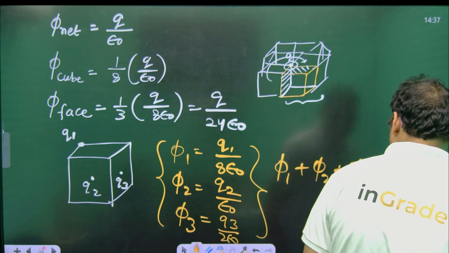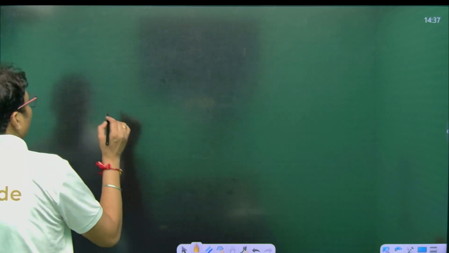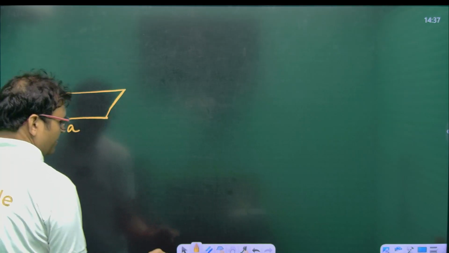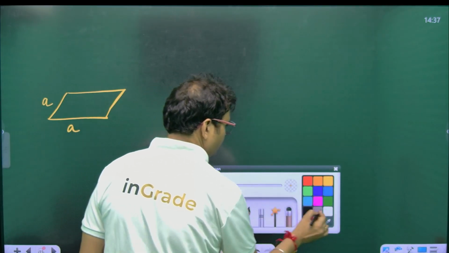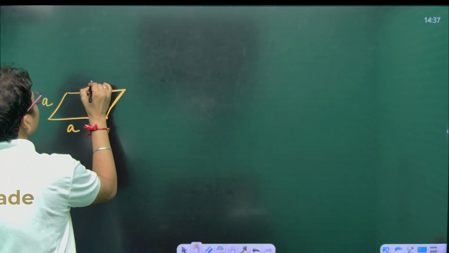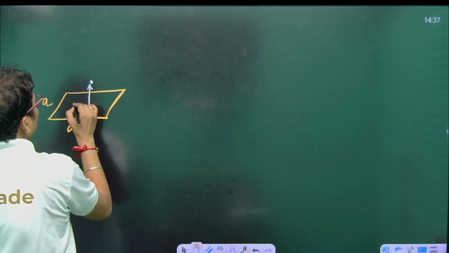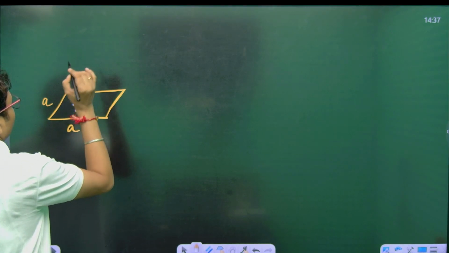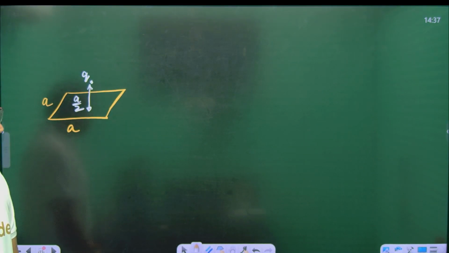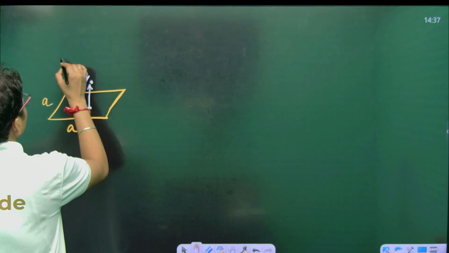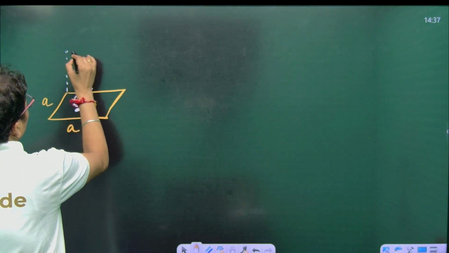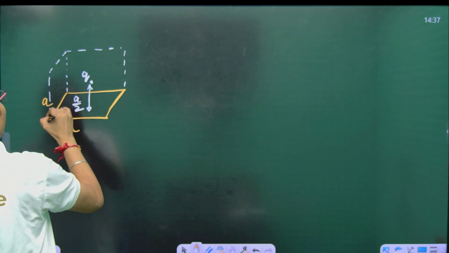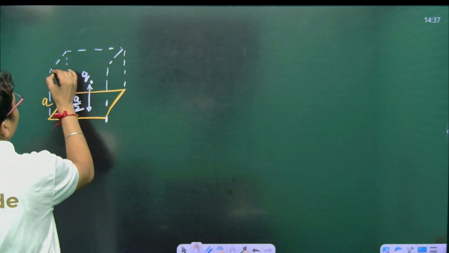Another example: if there is a square plate of side a and there is a point charge Q at a height a by 2 from the horizontal square plate. Now, what is the flux through this plate? So what we need to do is enclose this charge.